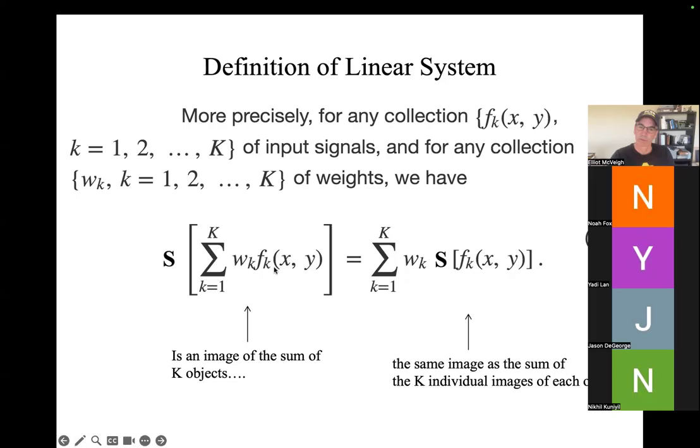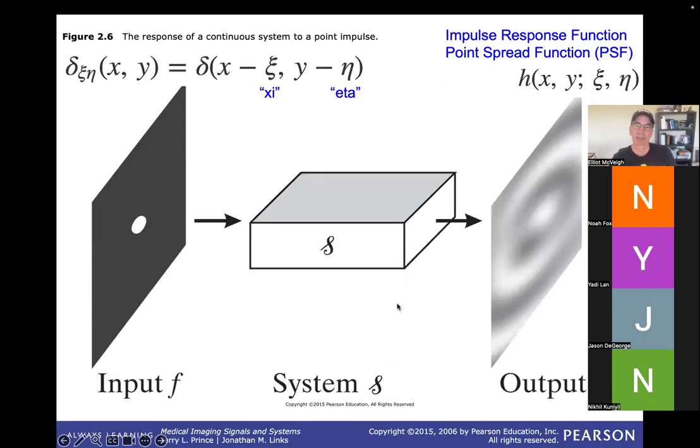So the weighting coefficients used to make the composite input are applied to each individual output, and then I add them up. That's called a linear system. It makes life a lot easier when we're trying to describe what's going to happen downstream when we have composite signals going into the system. So that's the definition of a linear system.